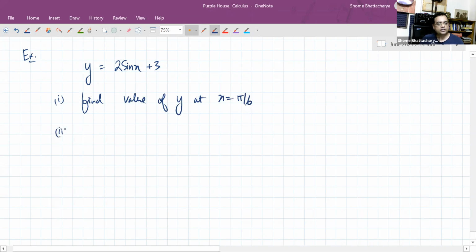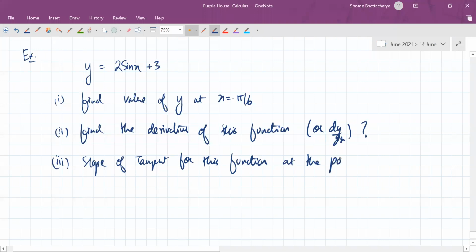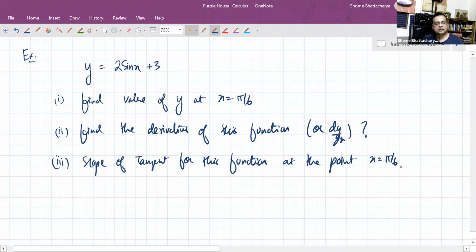Secondly, I want to find the derivative of this function, which is basically dy by dx. And then I also want to find the slope of the tangent to the graph of this function at the point x equal to pi by 6, let's say.